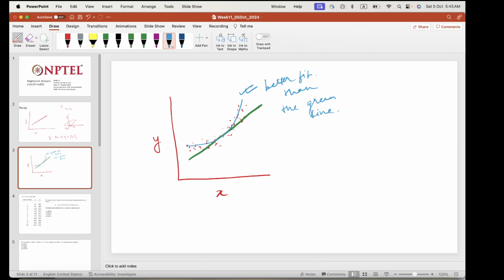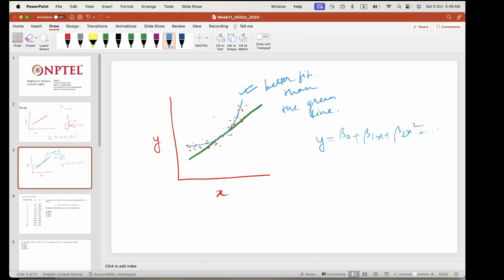The equation for this blue line could be something like y equal to beta naught plus beta 1 x plus beta 2 x square. So instead of x to the power 1, we are fitting higher orders of x to match the non-linearity of the data.